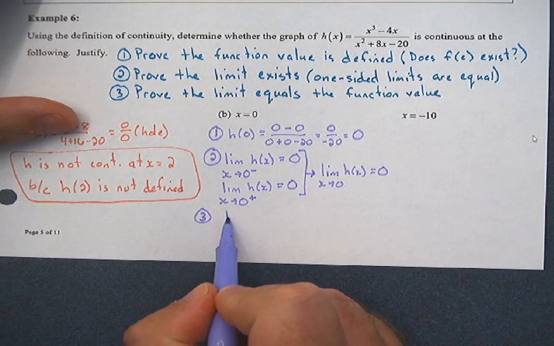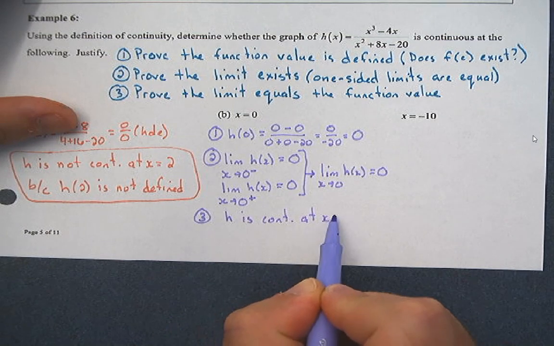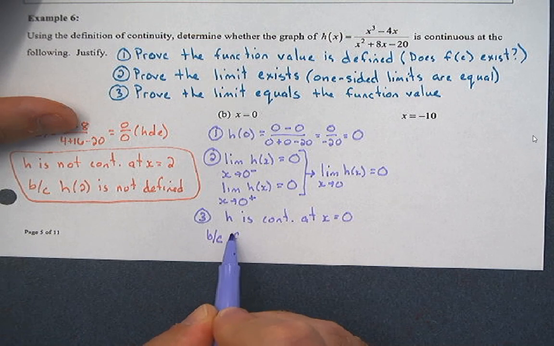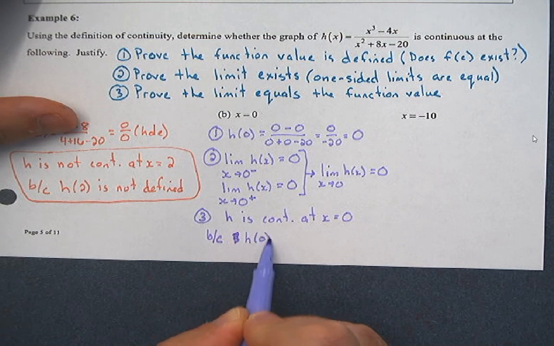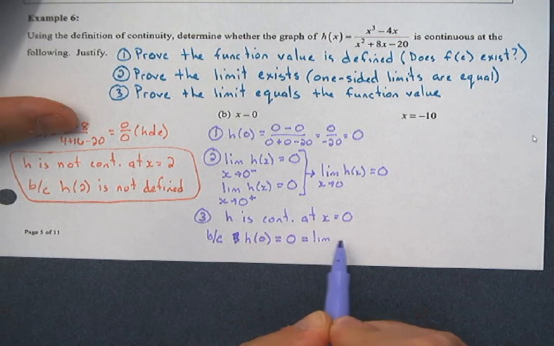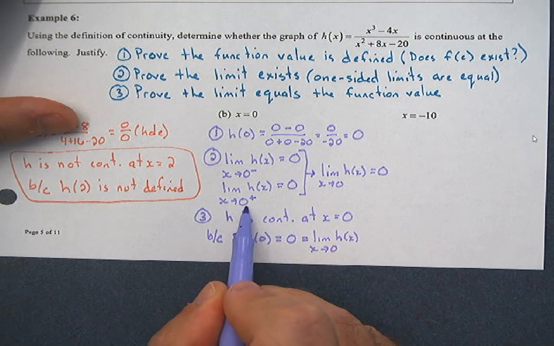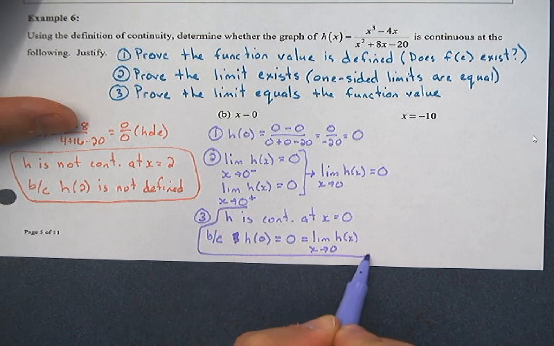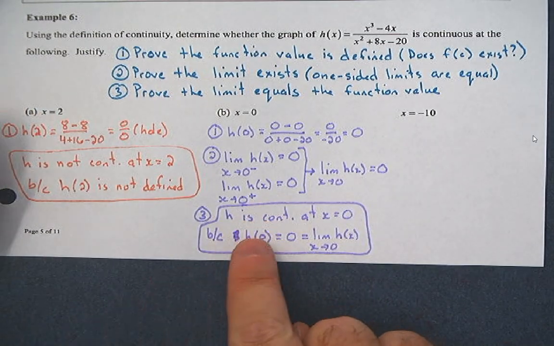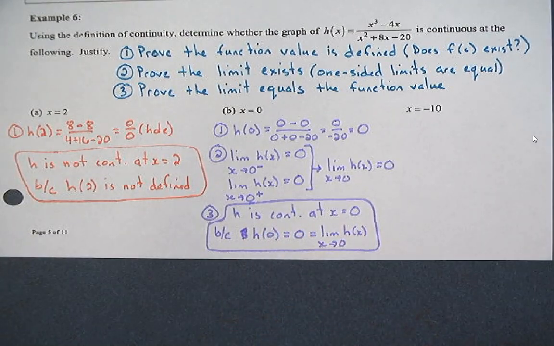So we would say h is continuous at x equals 0 because h of 0 equals 0, which equals the limit of h of x as x approaches 0. This equals 0. This equals 0, so they must equal each other.